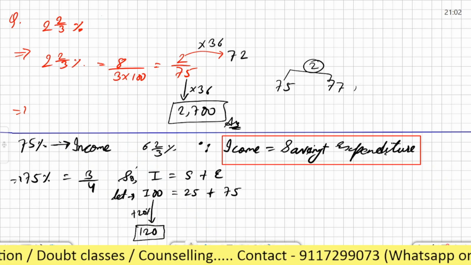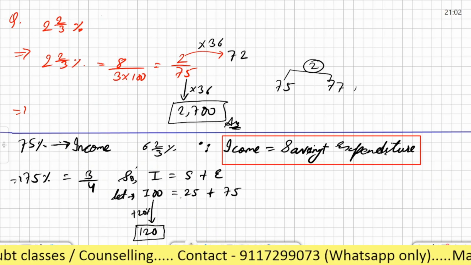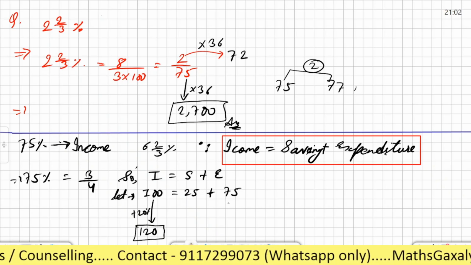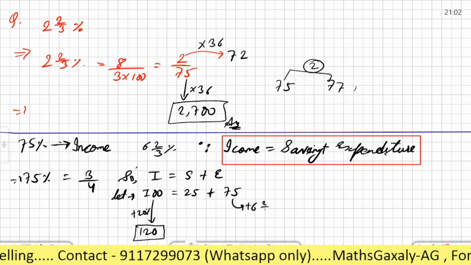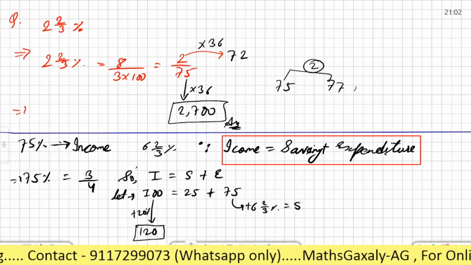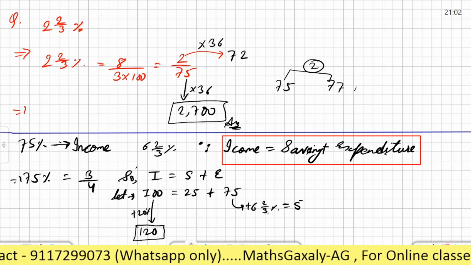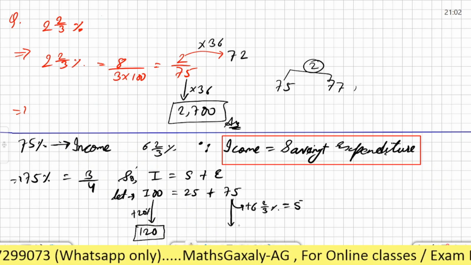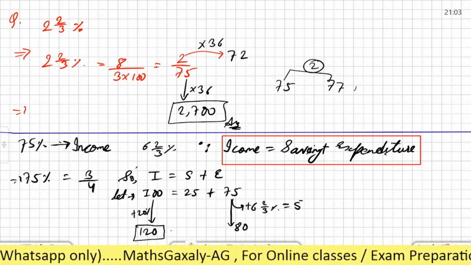And as here it is saying he increased his expenditure by 6 whole 2 by 3%, that is 6 whole 2 by 3% of 75, which is 5. It means this value will become 80, right?